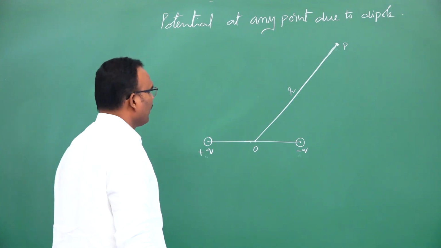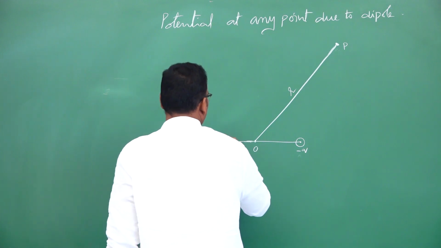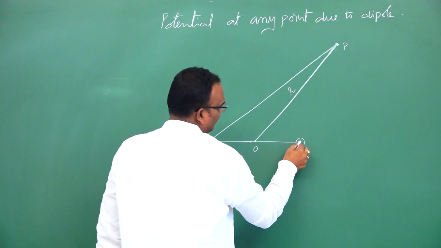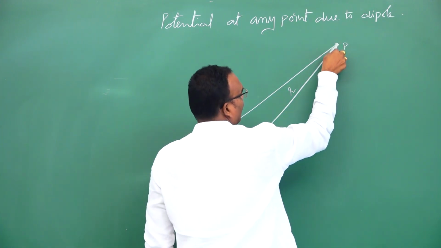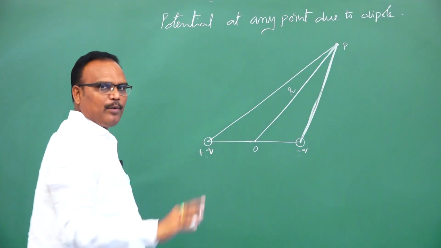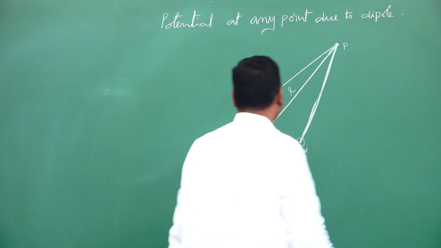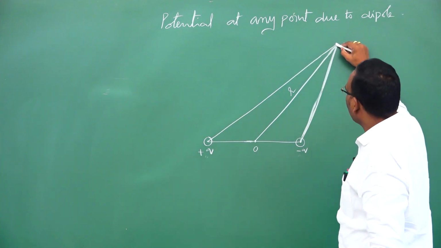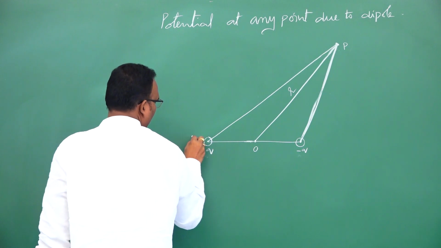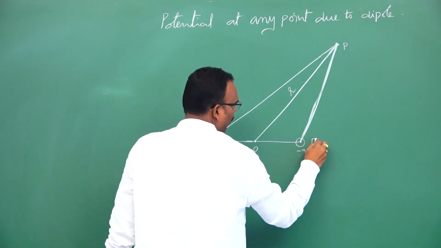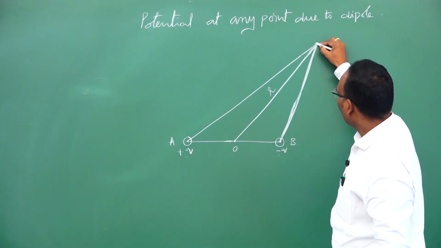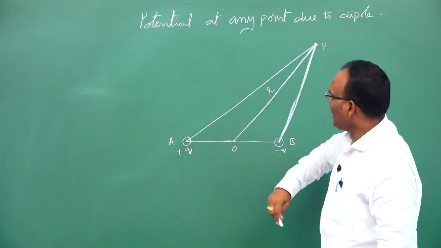So if you do the algebraic sum, we will get the total potential at that point. For that, I should know this distance and this distance. For that, see carefully, I will take P as a center. AB is a dipole. I will take P as a center and PA as a radius.